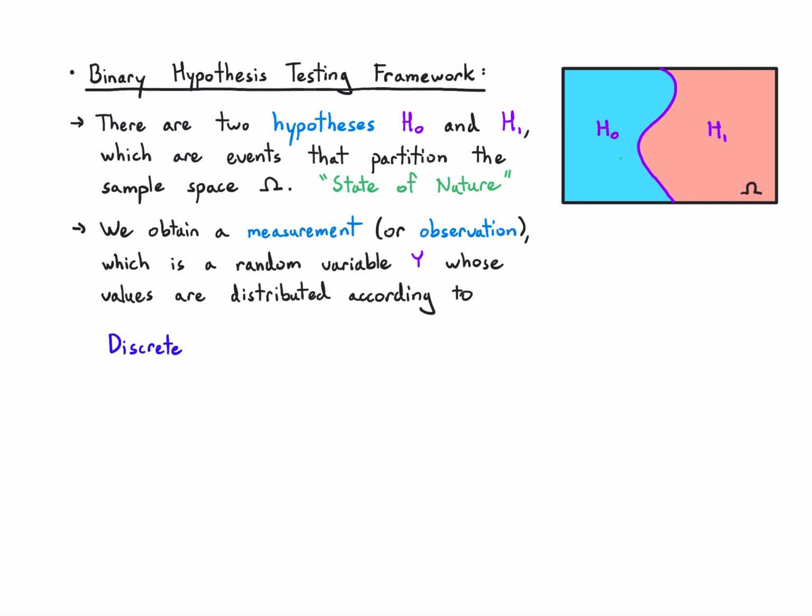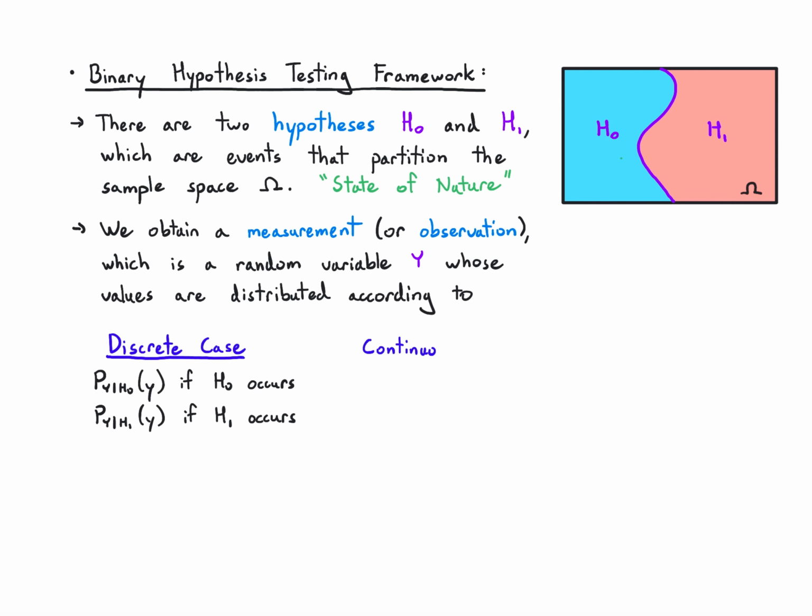In the discrete case, I'm going to see either P of y given H0 of y if H0 occurred. So I'm going to have a conditional PMF that's only going to come into play if H0 indeed occurred. Otherwise, I'm going to see y drawn from P of y given H1 if H1 was the thing that truly occurred. So I don't know which distribution is actually going to be there until I get the realization of the hypothesis.